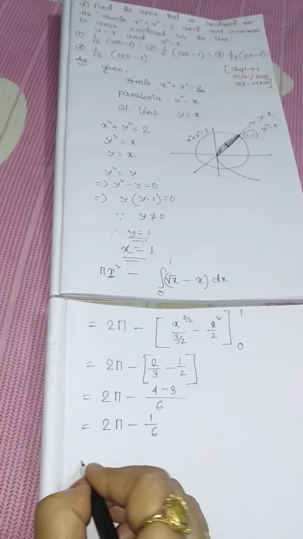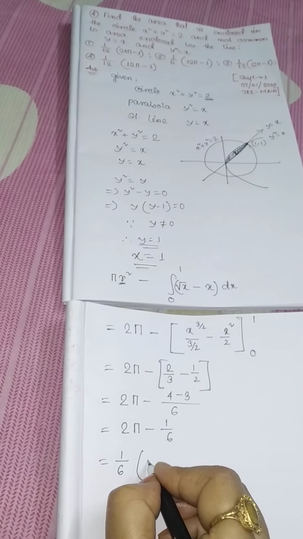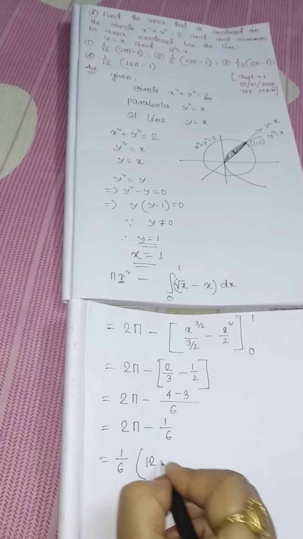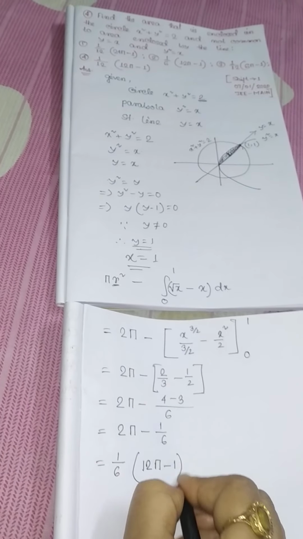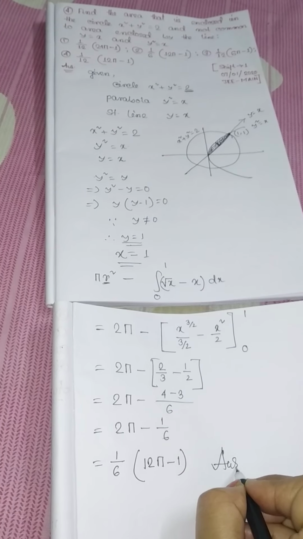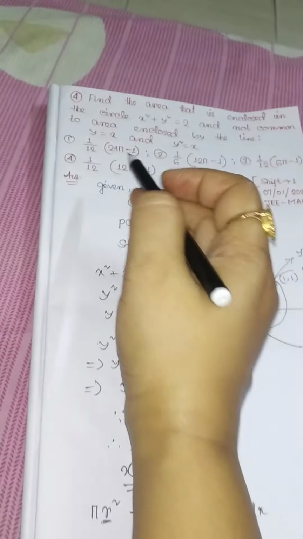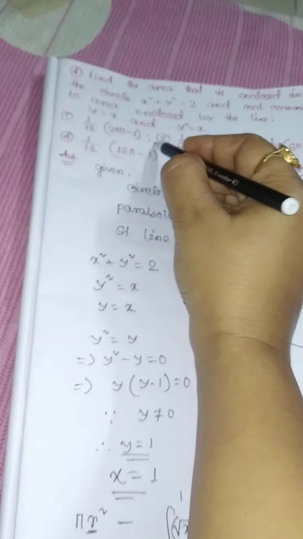Taking 1 by 6 as common factor, then it becomes (12 pi minus 1) by 6, and we reached our answer, and our option is option 2.